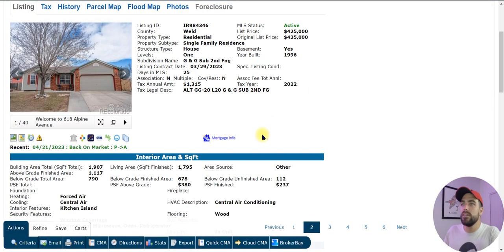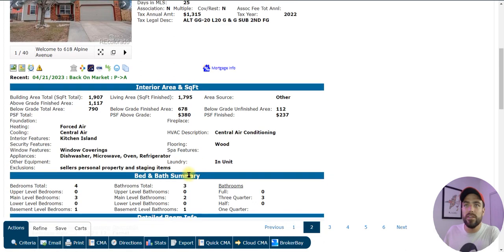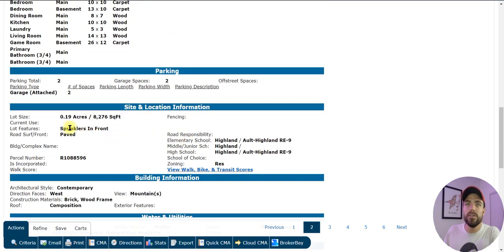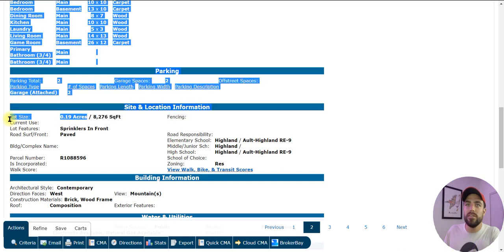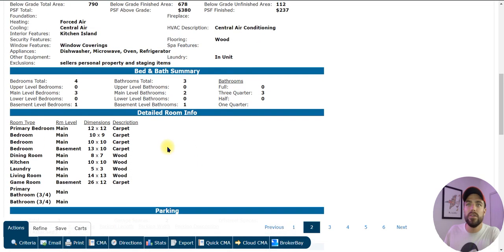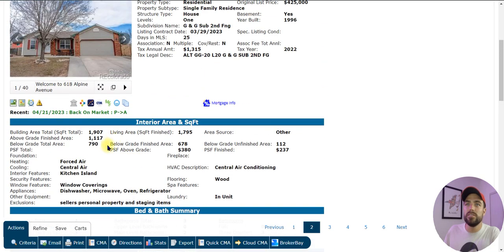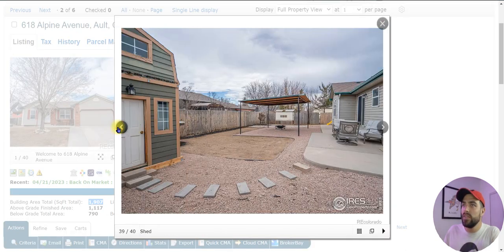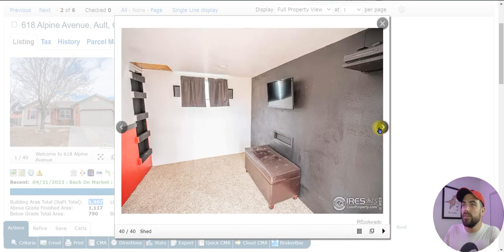And let's see, I want to see how big their lot is because I know you're 0.19 acres. Okay, so they've got the same size lot, same number of bedrooms and bathrooms. The only difference is your home's 1,000 square feet bigger, which is a pretty substantial difference. And I wanted to see the basement too, if they've got one.